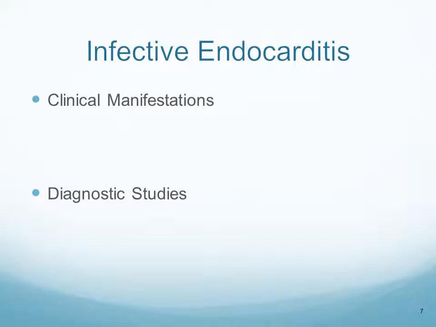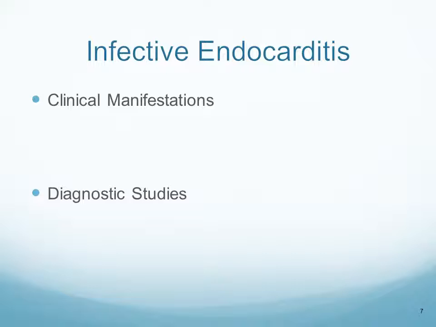So when we are diagnosing, we are going to have blood cultures from two different sites. Now, in the subacute form, they want blood cultures from two different venipuncture sites 12 hours apart over 24 hours. In an acute form, we would want two sets of blood cultures 30 minutes apart from two different venipuncture sites.